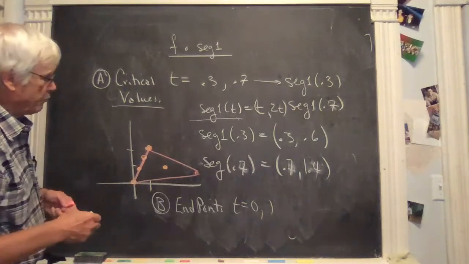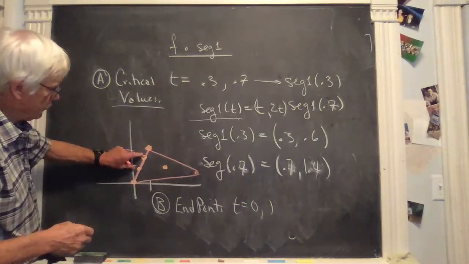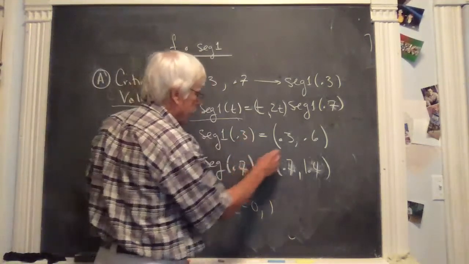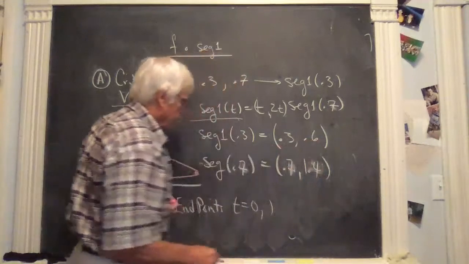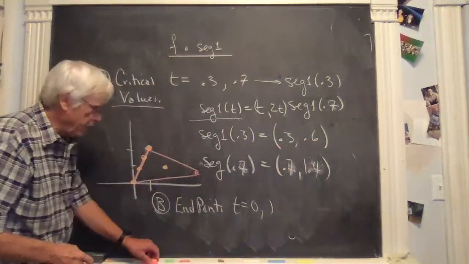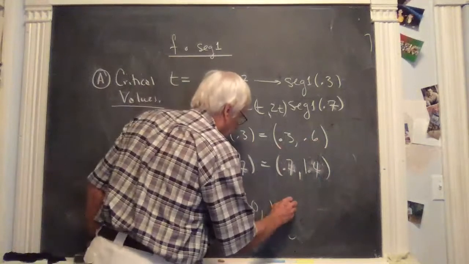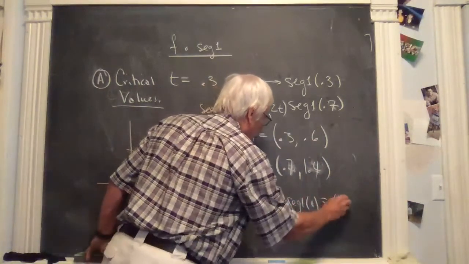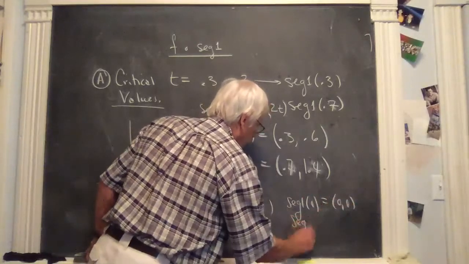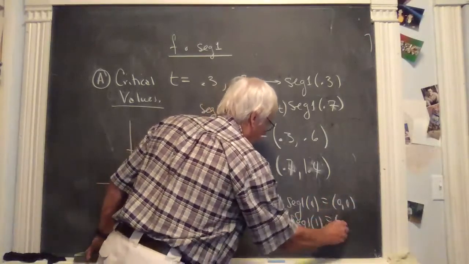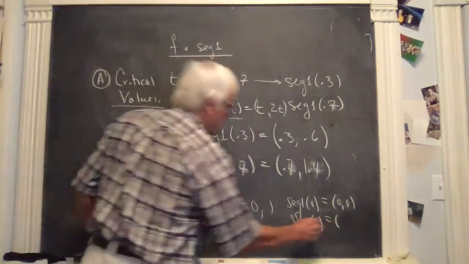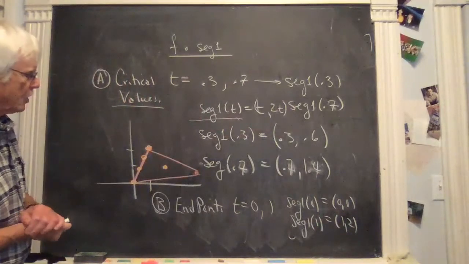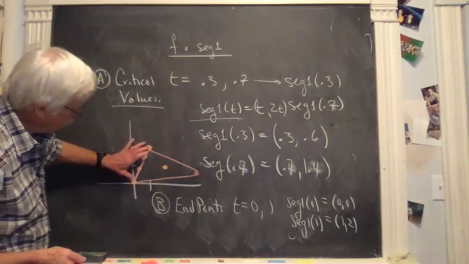So we will have 2 critical values that we'll need to check, 0.3 and 0.7, and then we have 2 endpoints: segment 1 of 0, which is the origin, 0, 0, and segment 1 of 1, which is the second point, 1, 2. This handles this one part of the boundary.